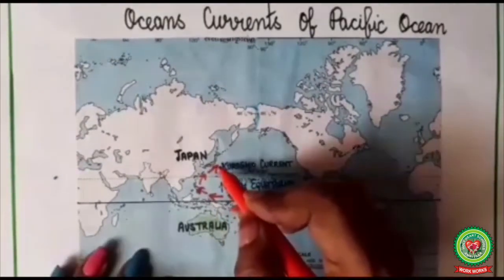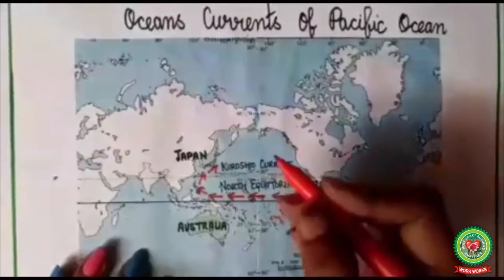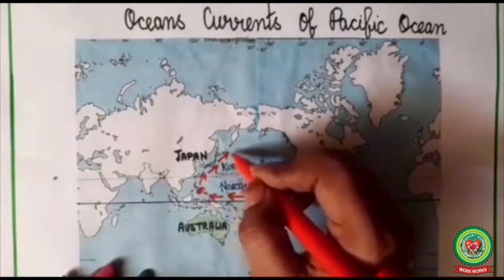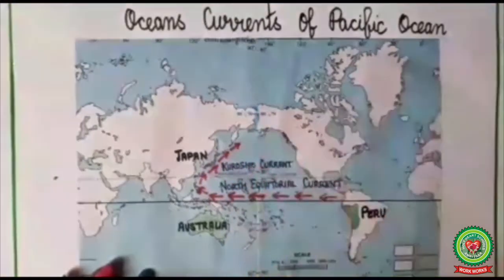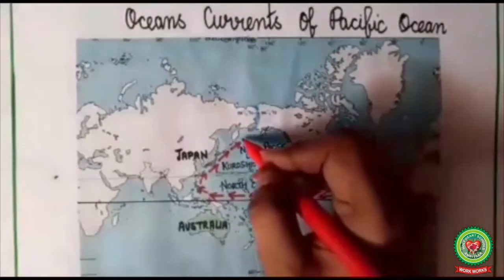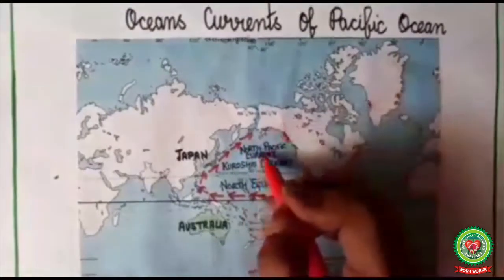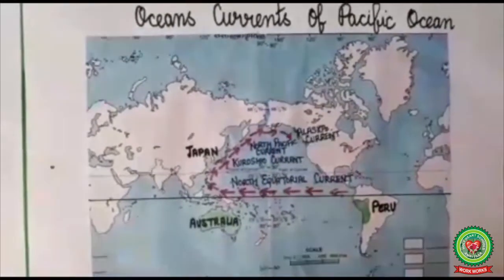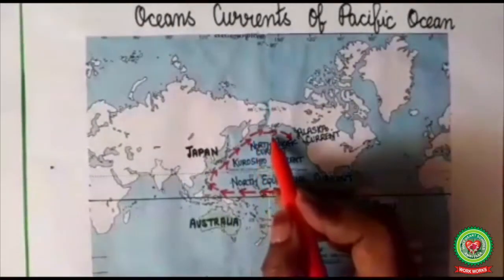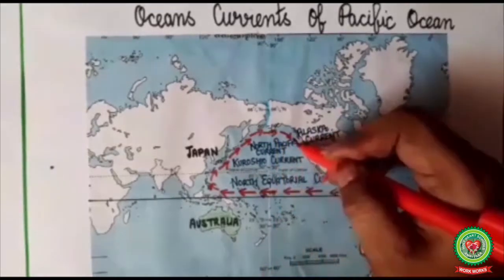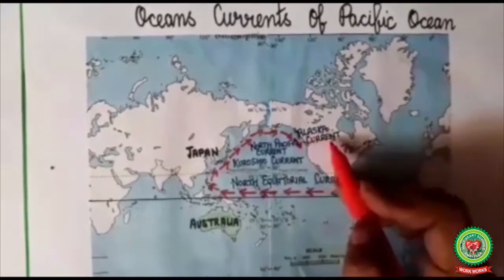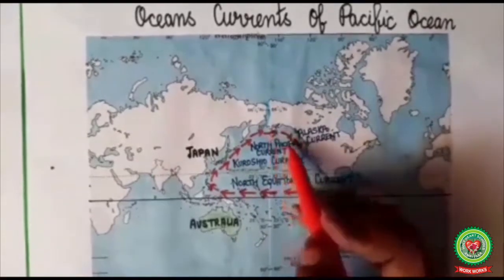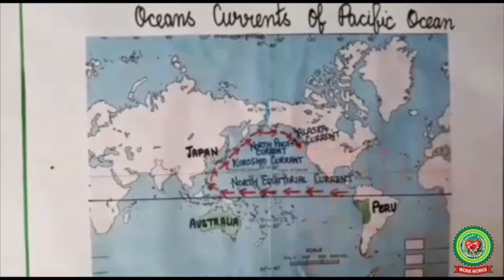From East Japan, the current moves forward as the North Pacific Current. The North Pacific Current moves as the Alaska Current or British Columbia Current in the Gulf of Alaska.